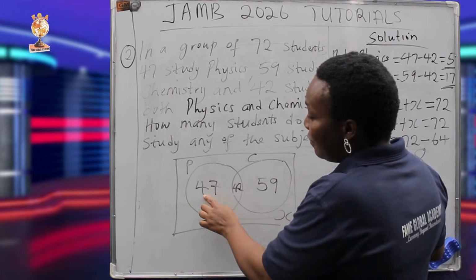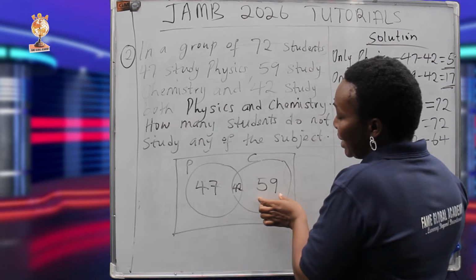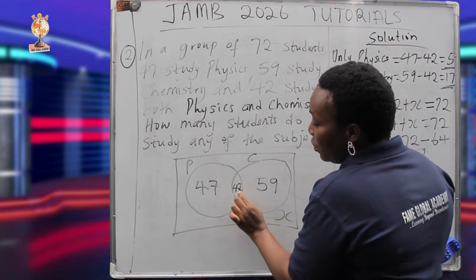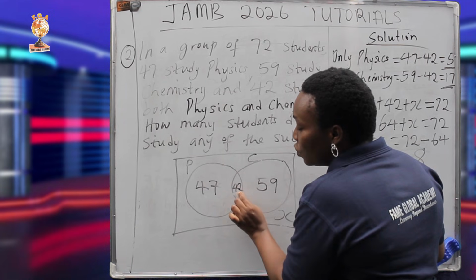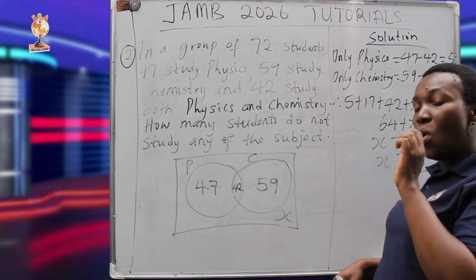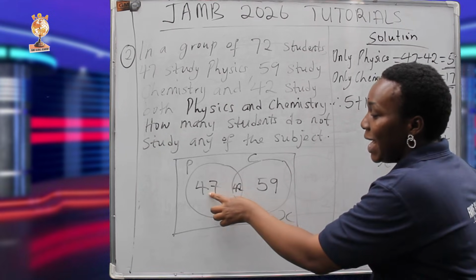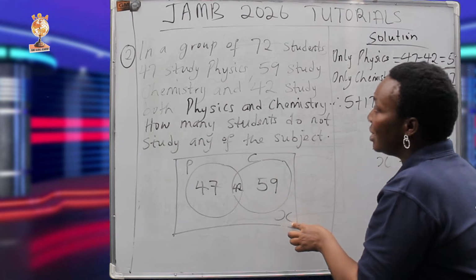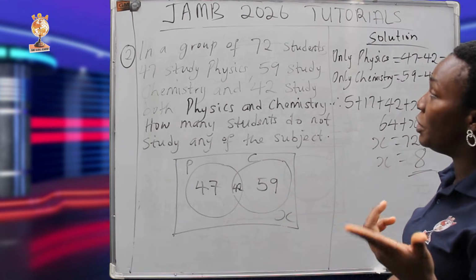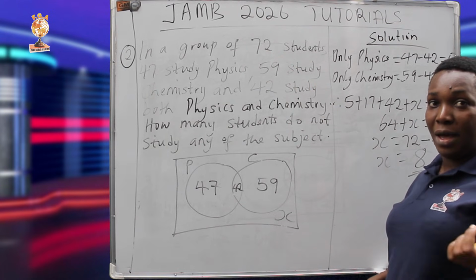Before you solve, you have to know this is the number that study physics, and this is the number that study chemistry. Once a number is given here, you have to subtract this from this to know the people that study only physics. Because you agree with me that if you add this and this and this and this, you are going to get more than 100 students. But what we have here is 72. Are you with me now?